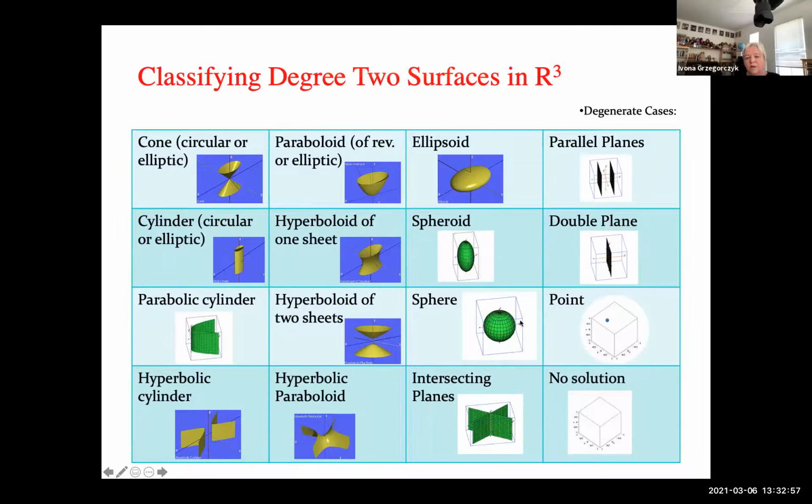First of all, you can have a sphere, right? This one is done in Mathematica. It's a bit different than the other ones, and I will explain. But I can have a sphere, and it's a special one because it has a lot of symmetries. Then you can have a spheroid, which means that if I cut it this way, I get a circle.